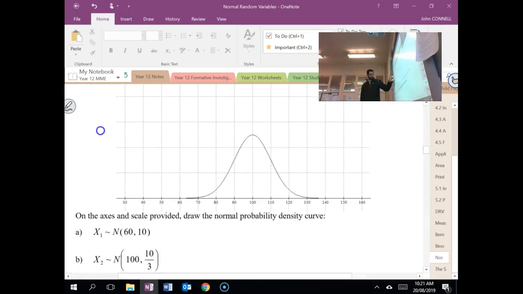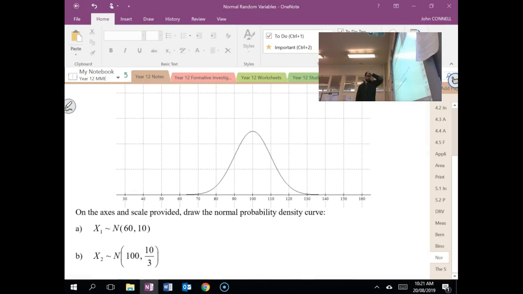If I'm looking to draw x1, which is normally distributed with a mean of 60 and a standard deviation of 10, my central value is going to have to be at 60. Now when I hit 3 standard deviations away from 60, I need to be pretty much at the x-axis or very close to it. So 3 lots of my standard deviation is 3 lots of 10, which is 30.